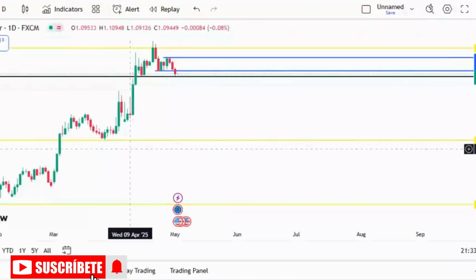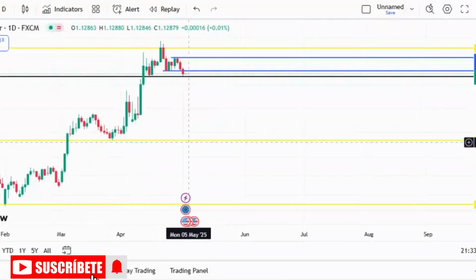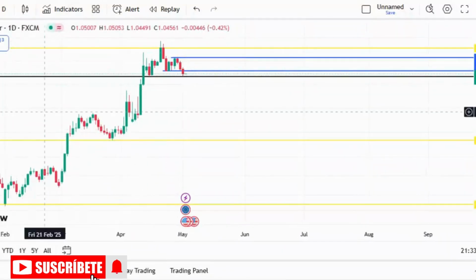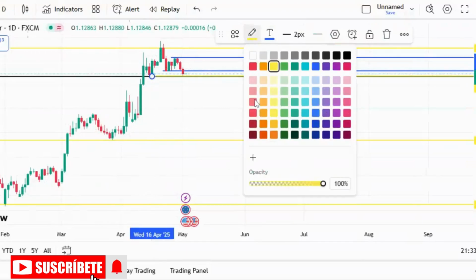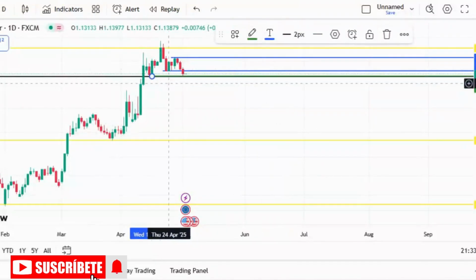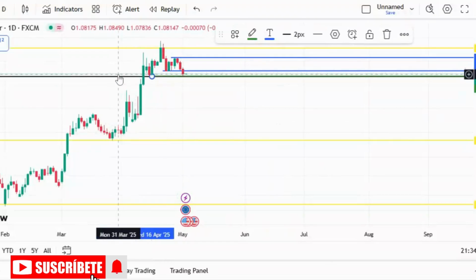On the daily right now, I think we have this zone here. I'm going to change this color. You can see that this daily support matches with the monthly resistance where price has broken the monthly resistance.